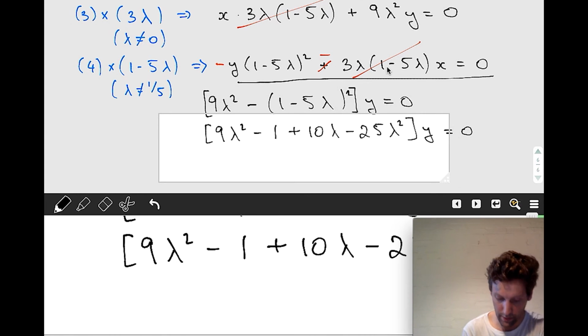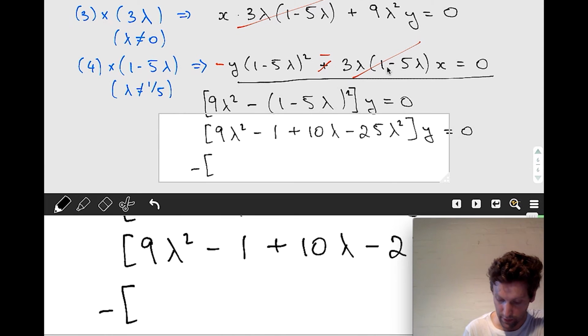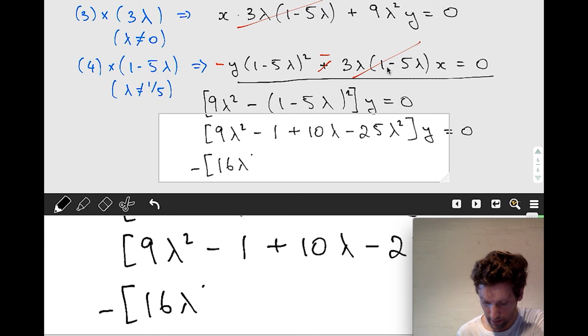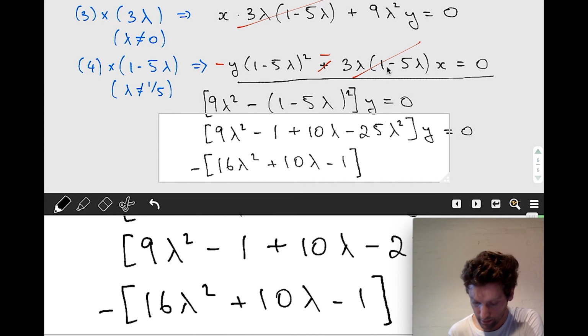So that's the last step here. I can take out a factor of minus. 25 minus 9 is 16, lambda squared plus 10 lambda minus 1, multiplied by y is equal to 0.